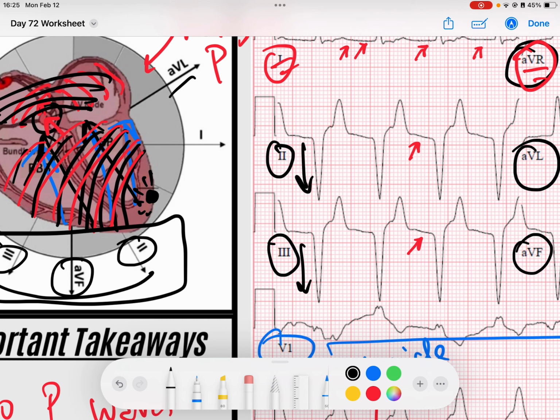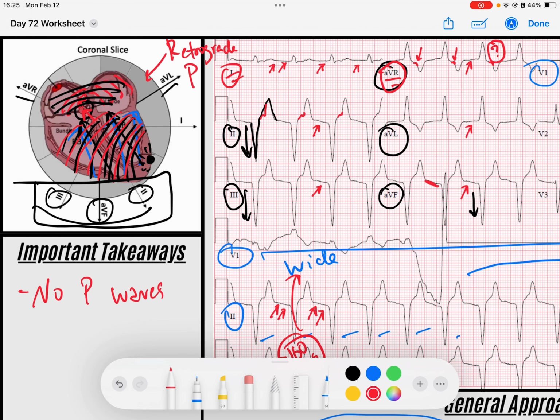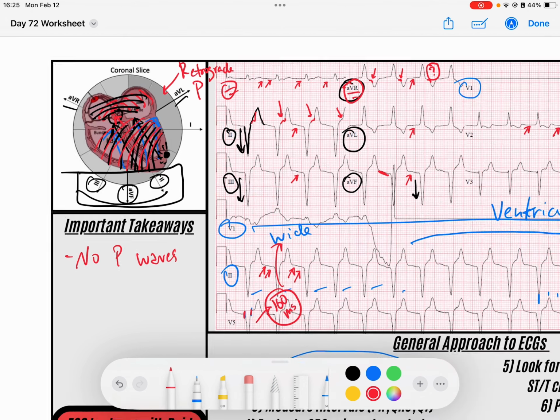So here's my QRS, and then instead of seeing this nice smooth T wave, what do we see? We see this little notch. And that notch right there is kind of right on the ST segment, and I would say that is pretty solid evidence for retrograde atrial activity.